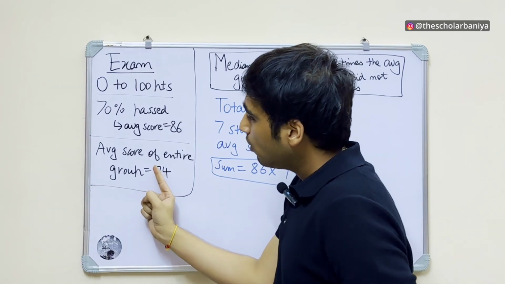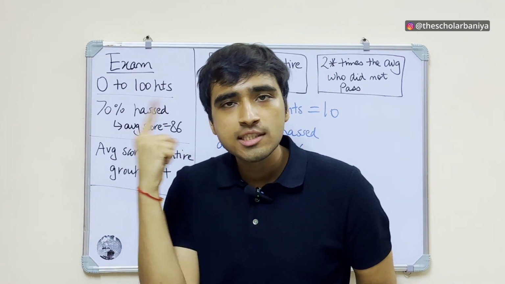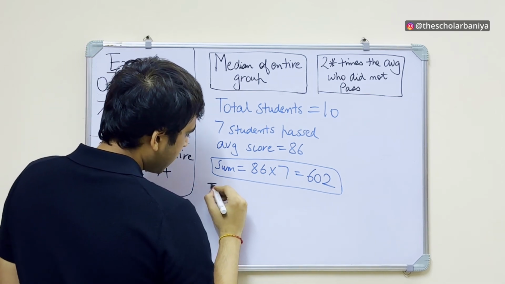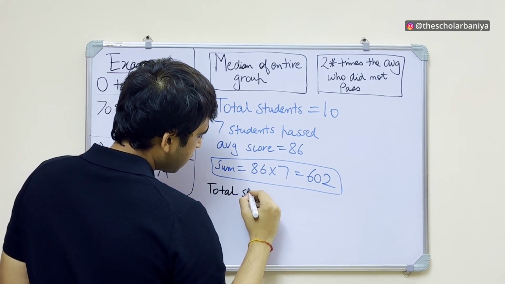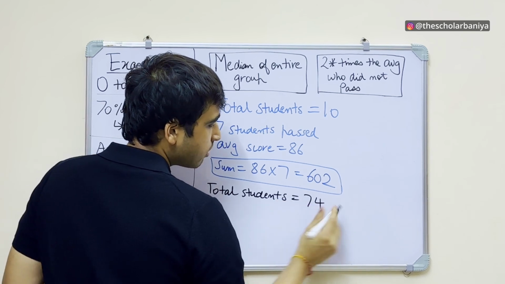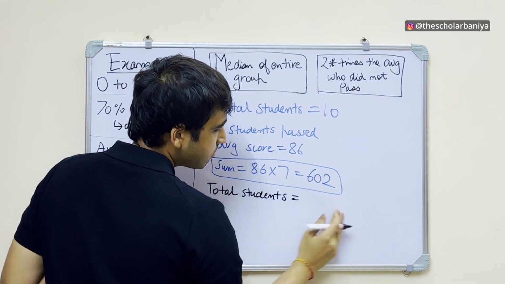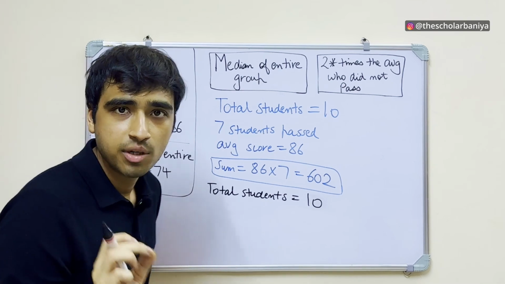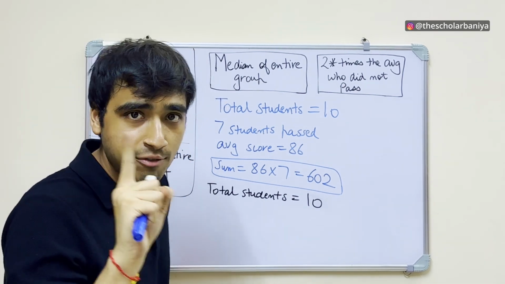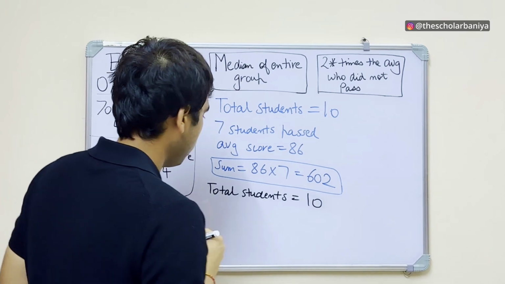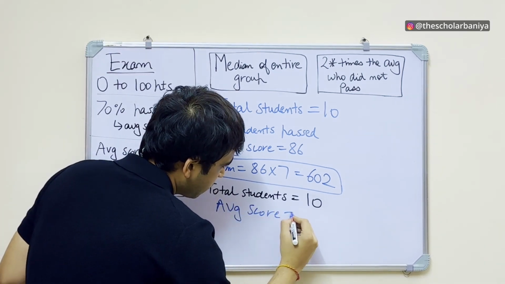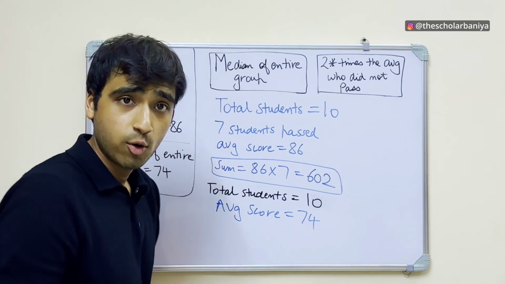We also know that the average score of all the students is 74. Total students are 10, and the average score of one student is 74.